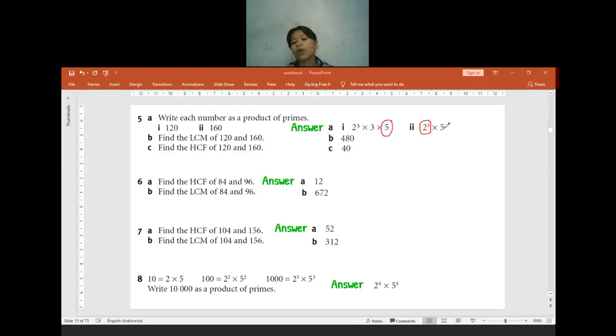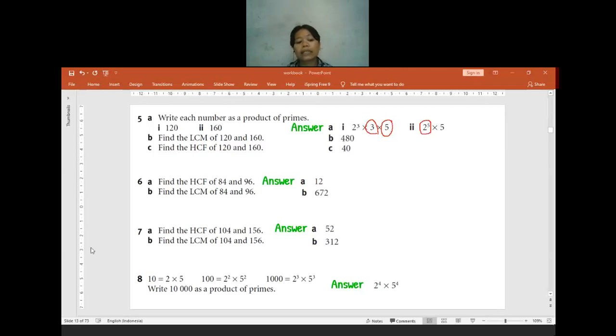There are two options for number 5, but they are the same, so I will just take 5. And because I have to take all the types of number, even though number 3 is not common, I will still take the number 3. So the LCM is 2 to the power of 5 times 3 times 5. When I simplify it, the answer will be 480.